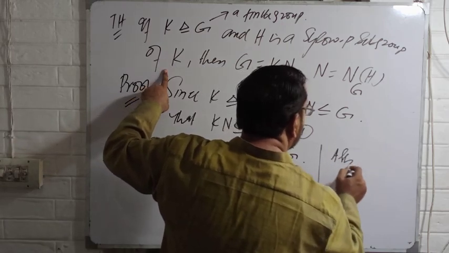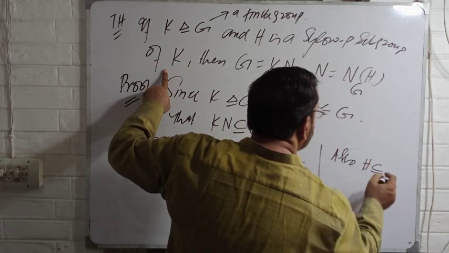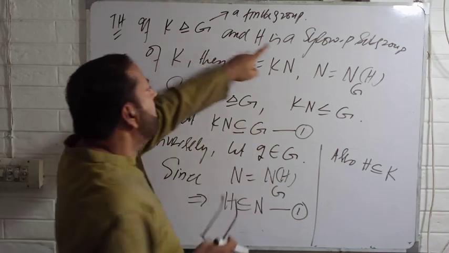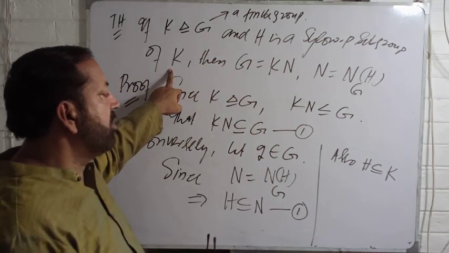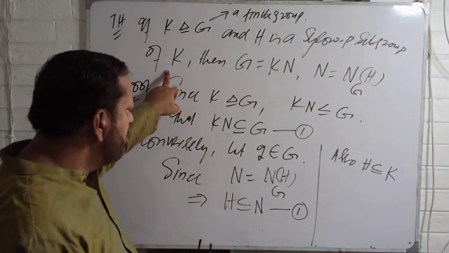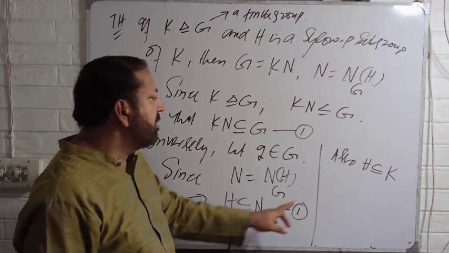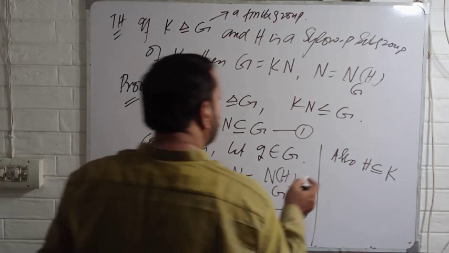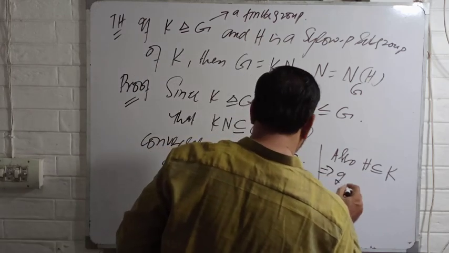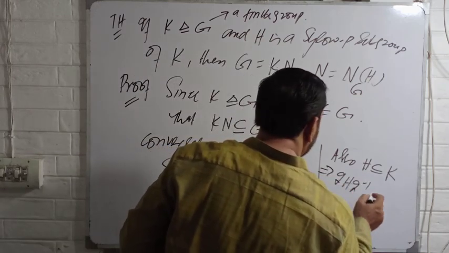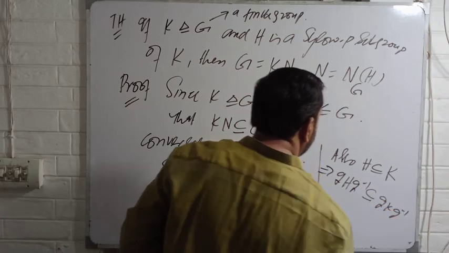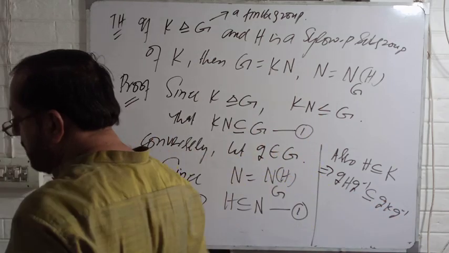Also, H is a Sylow P subgroup of K, so H is contained in K. We will not use this, we will use this: H is contained in K. Then gHg inverse is contained in gKg inverse, right?